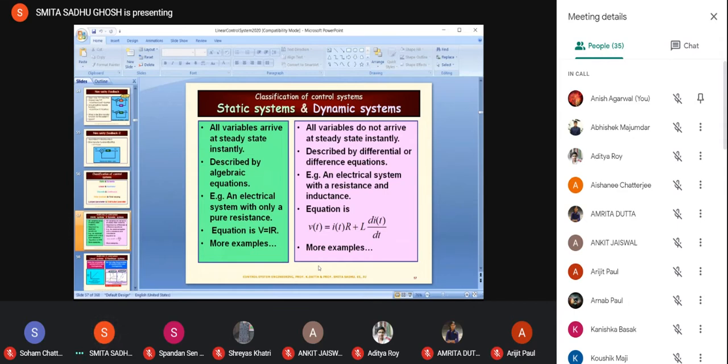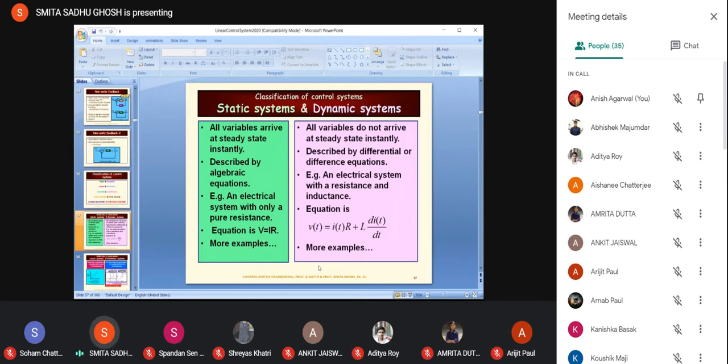So in the description of your system, if the description can be made by using a set of algebraic equations only, and your variables arrive at the steady state instantly, in that case the system would be considered as a static system. In all other cases where differential equations are required and some transients occur before the steady state is reached, the variable or variables do not arrive at the steady state instantly. Those are examples of dynamic systems.